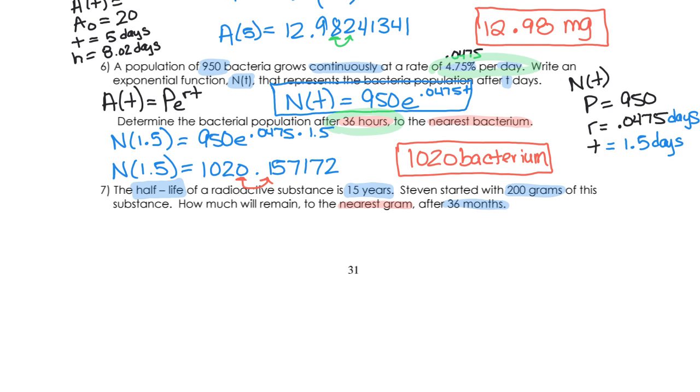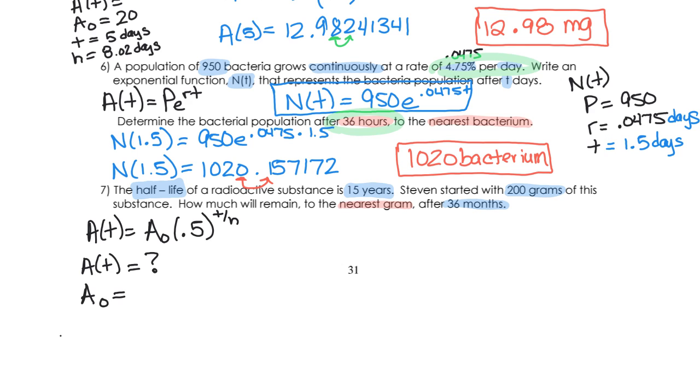All right, so because they said half-life, we know that we need to use the half-life formula, which is A of t equal to A sub 0 times 0.5 raised to the t divided by h. Okay? A of t is our final amount, which we don't know how much is going to remain. So that's what we're solving for.